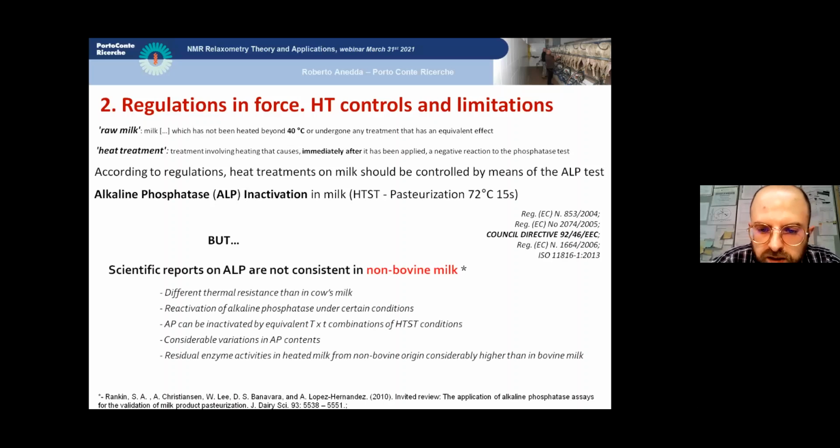It has been widely demonstrated that ALP test is not suitable for controlling heat treatments in non-bovine milk. Moreover, ALP is a suitable control only if it is applied immediately after heat treatment has been applied, as the regulation said.